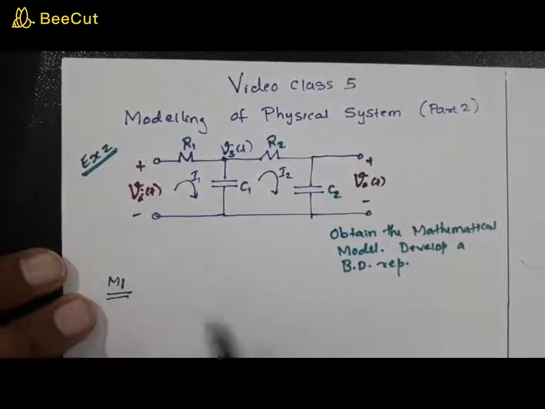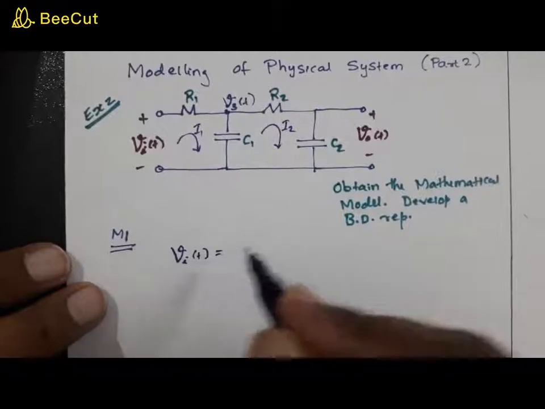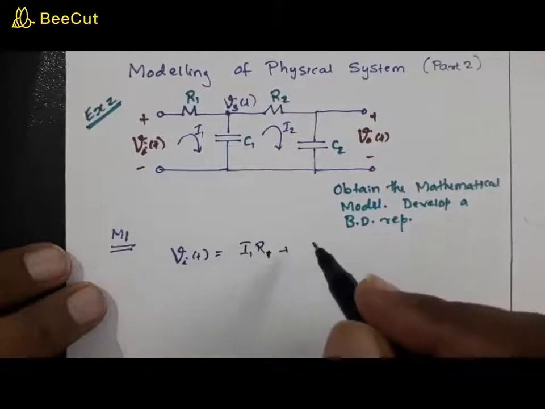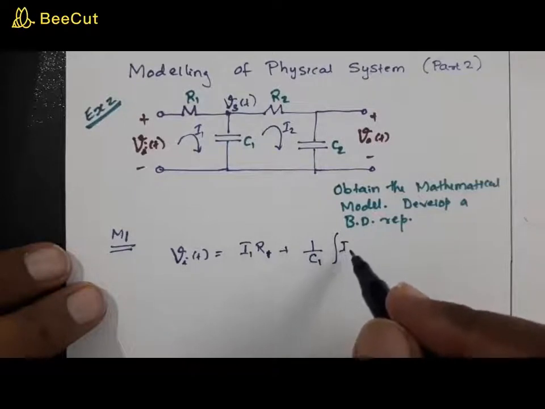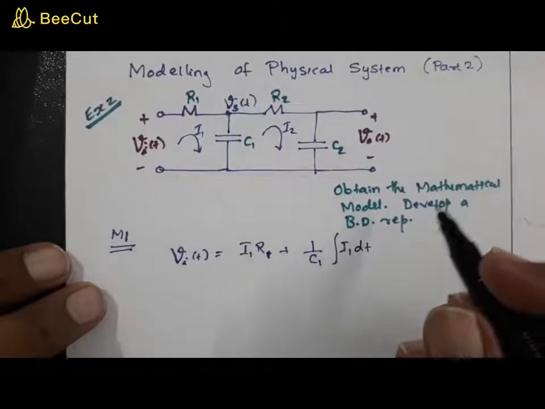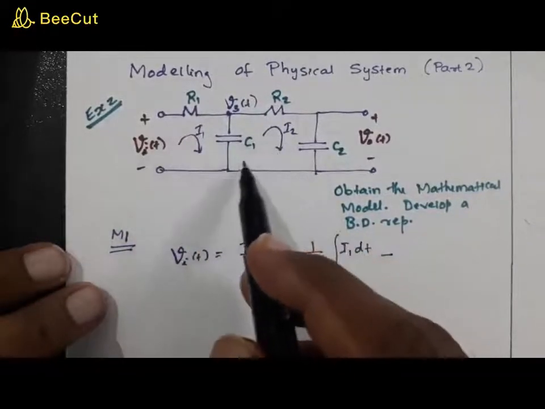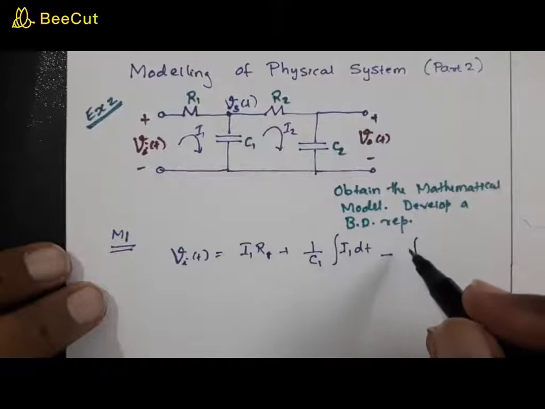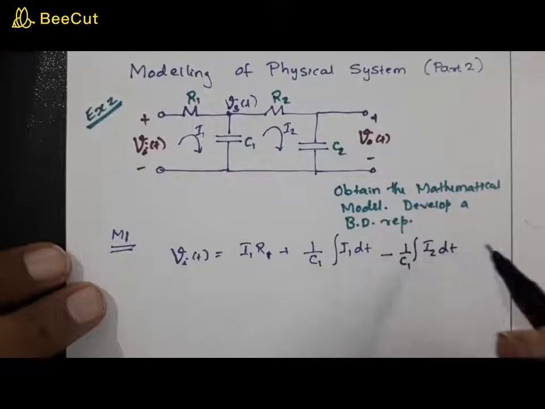When you look at mesh 1, you can write the mesh equation as Vi of t is equal to I1 R1 plus 1 by C1 into integral I1 dt, minus, again, there is a current flowing due to I2, which is in opposition to I1. So you will put in a minus, that will be 1 by C1 integral I2 dt, right? This is the first equation, and you are calling that equation 1.